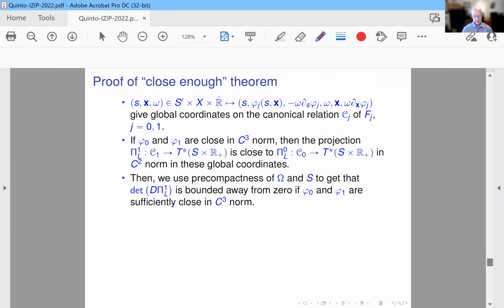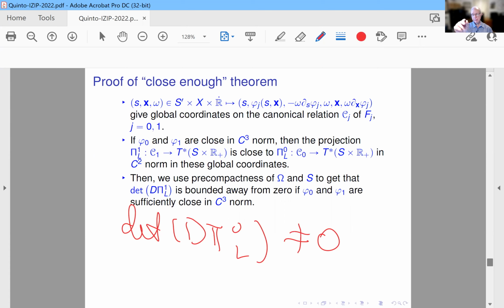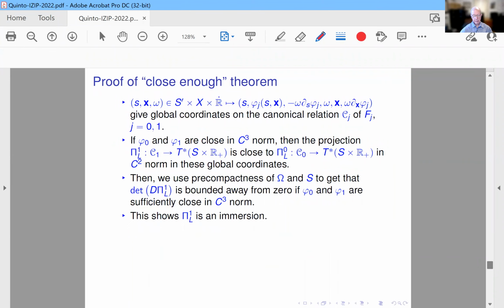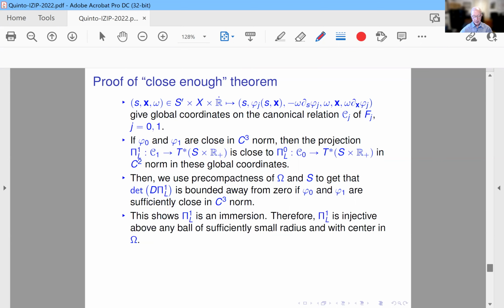And then, since the determinant d pi 0L is not 0 because the pi 0L is an immersion, and this determinant for pi 1 is close, it'll also be bounded away from 0, at least on these pre-compact sets omega and S. Okay, so that means that pi 1L is an immersion, and therefore pi 1L is injective above any ball of sufficiently small radius with centers in omega, in X. And this is sort of a Lebesgue number argument.